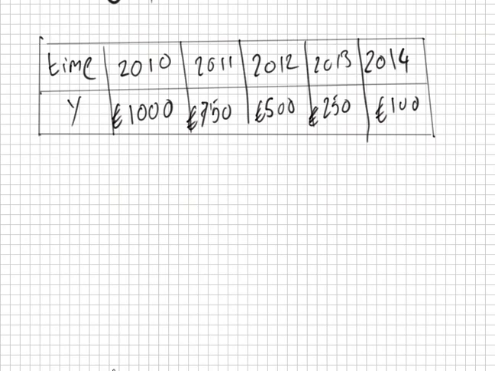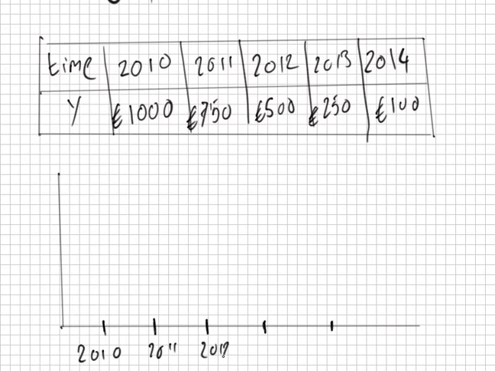So the way these graphs work is you must put time on the horizontal. So 2010, 2011, 2012, 2013, 2014, and of course make sure they're evenly spaced apart. And then we'll put the price here.